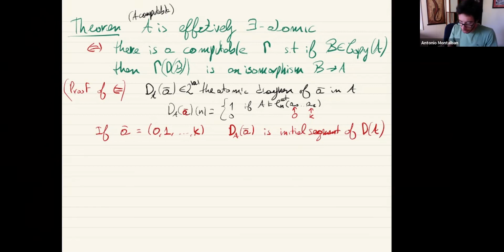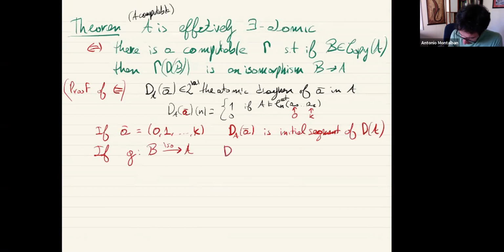And by the same, this is an important observation. So if G is a bijection, an isomorphism from B to A, then I guess it's an isomorphism.